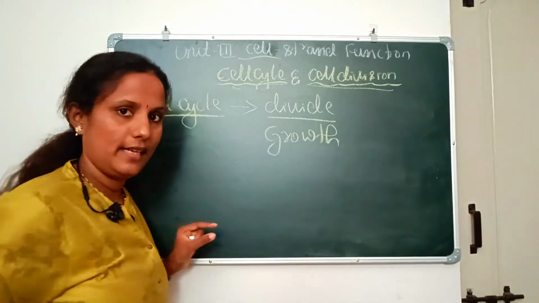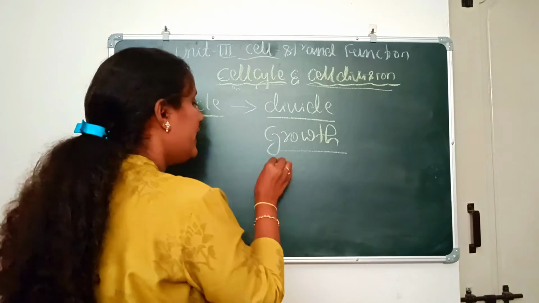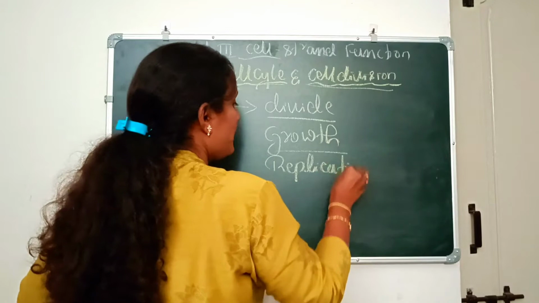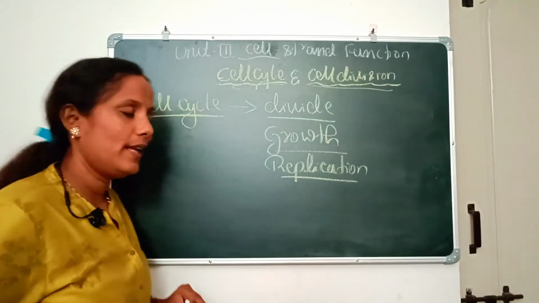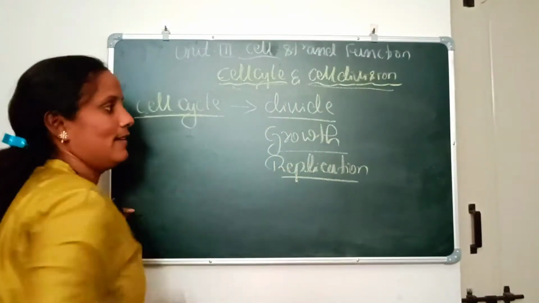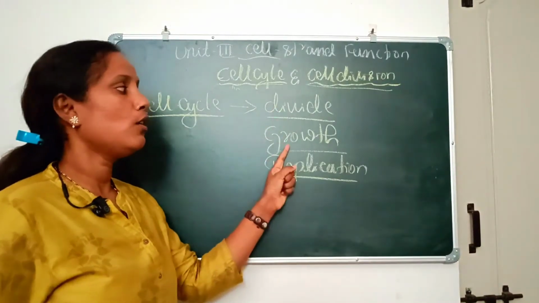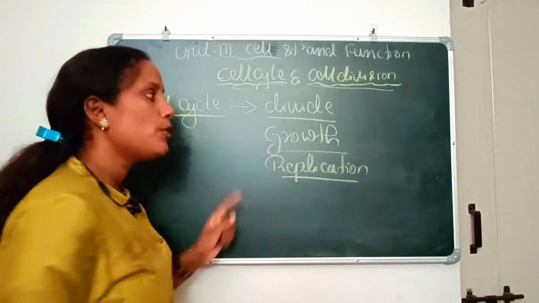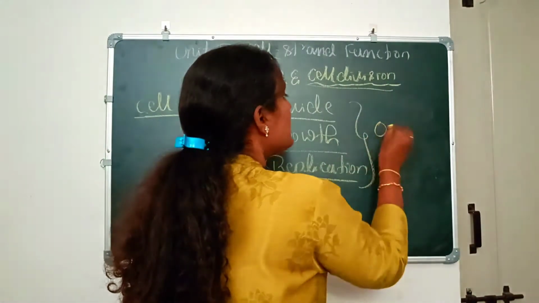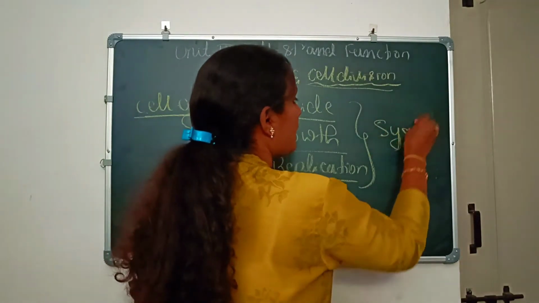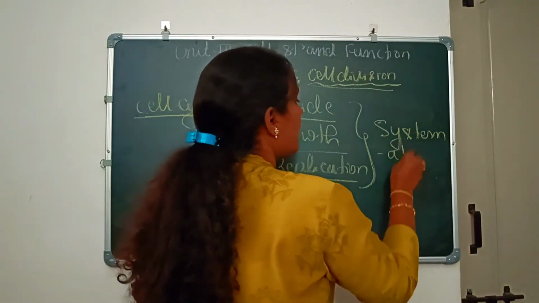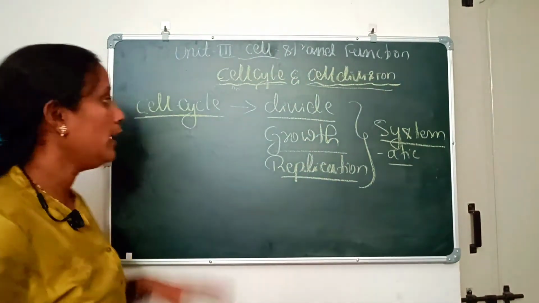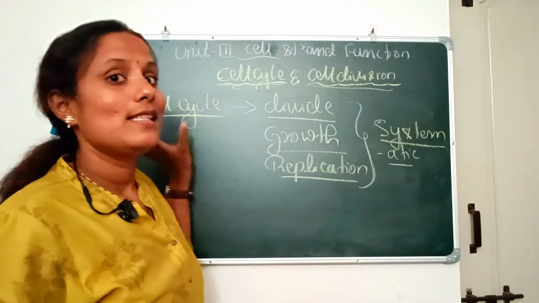Meanwhile, DNA replication also takes place. All these processes, division of the cell, growth of the cell and replication of DNA present in a cell, should take place in a systematic way, and together these processes constitute the cell cycle.